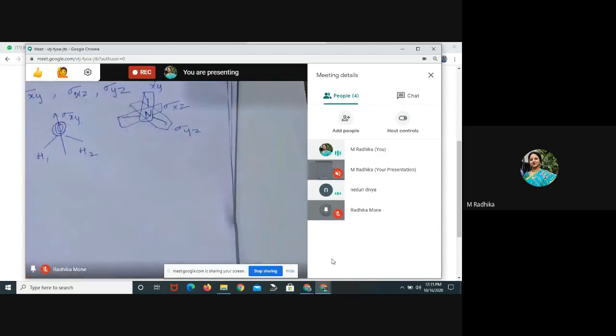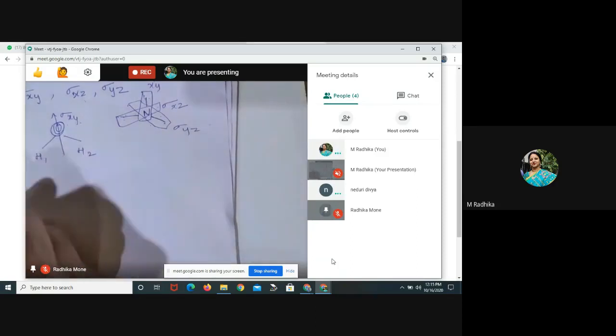So what will I get if I have a matrix x1, y1, and z1? I should multiply it with some operation, that is my sigma xy.